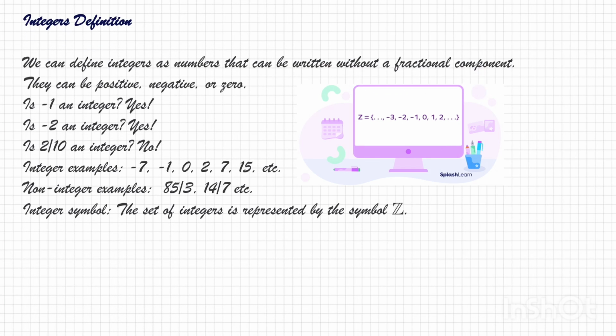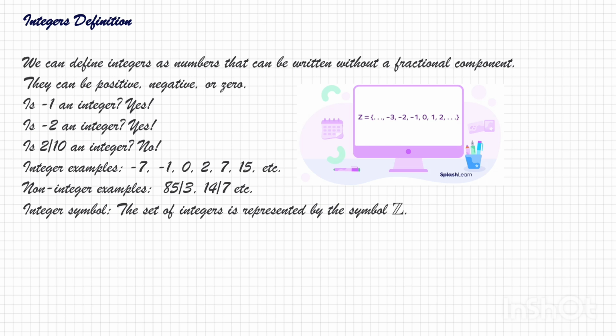Integers definition. We can define integers as numbers that can be written without a fractional component. They can be positive, negative, or zero. Is -1 an integer? Yes. Is -2 an integer? Yes. Is 2 by 10 an integer?